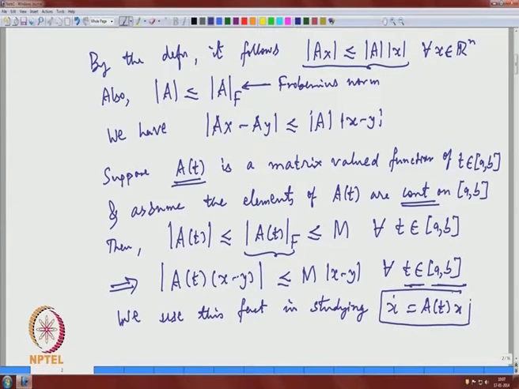And because of this, global existence: the solutions exist in any interval where A of t is continuous.